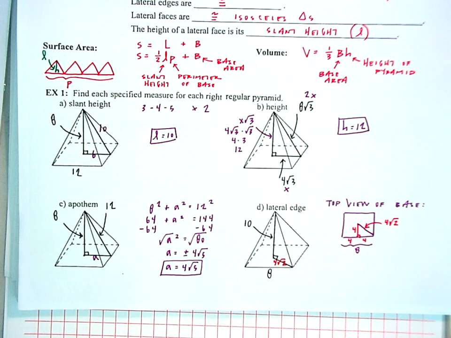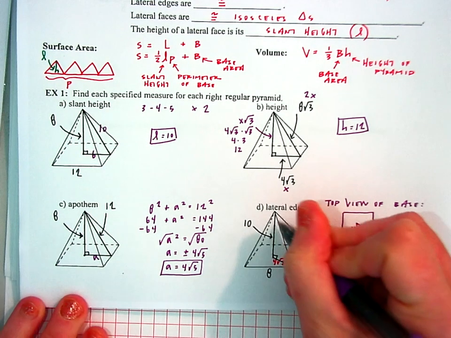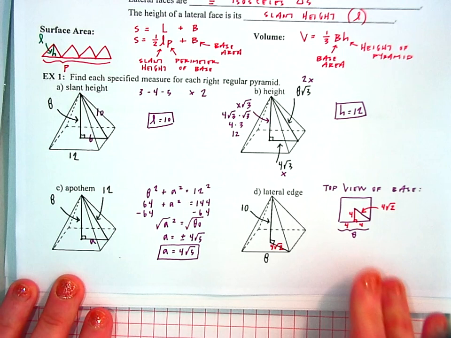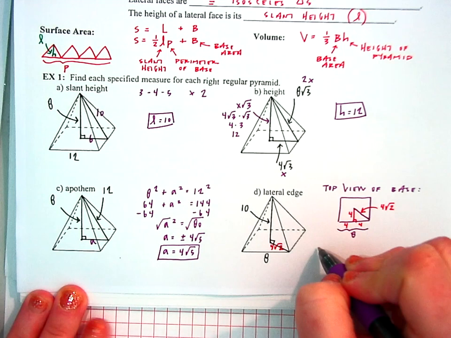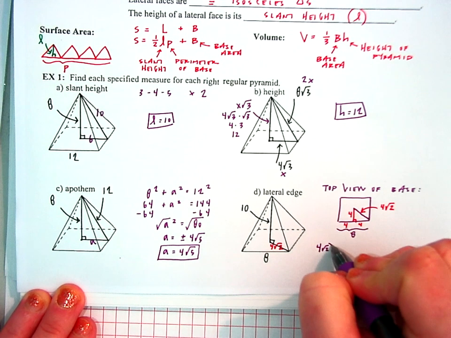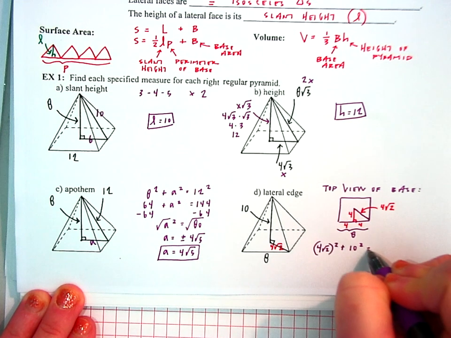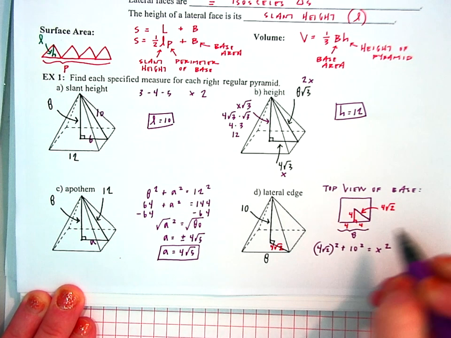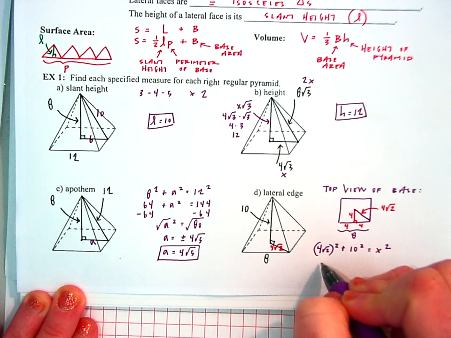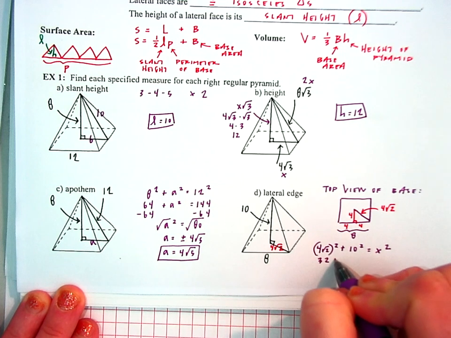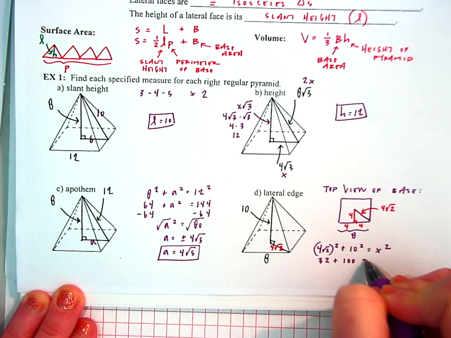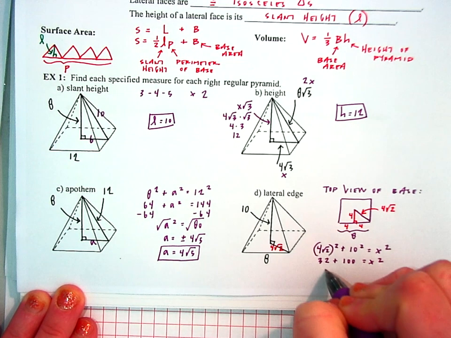Okay, and now to get to that lateral edge, I'm using Pythagorean theorem again. So I have 4 root 2 squared plus 10 squared equals x squared. So 4 times 4 times 2 is 32, and then plus 100 equals x squared.